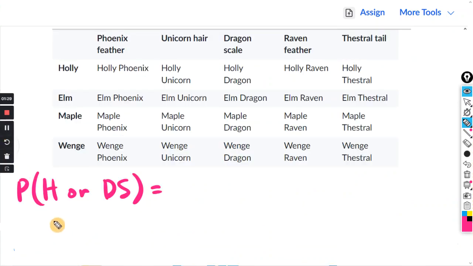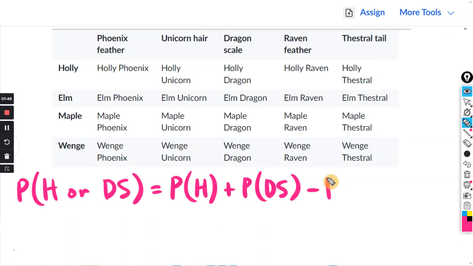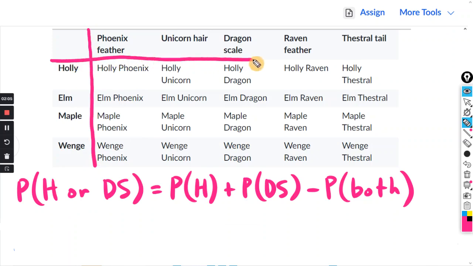All right, so I abbreviated probability of holly or dragon scale. Like we said at the beginning, you add the two individual probabilities. When it's or, probability of holly plus the probability of dragon scale minus the probability of both. So let's see. This is basically a chart, and these right here are the options.